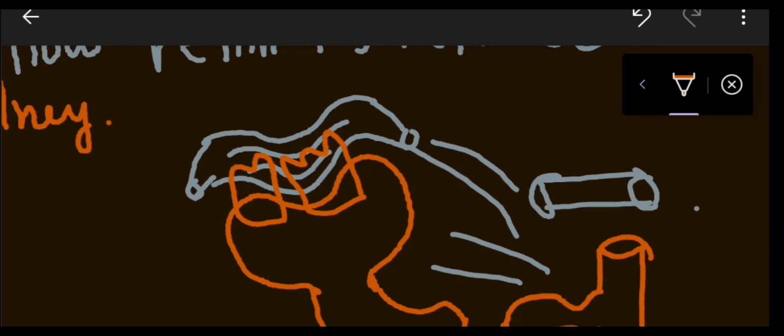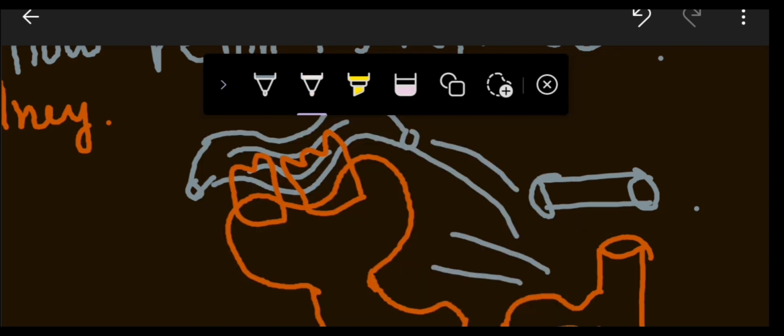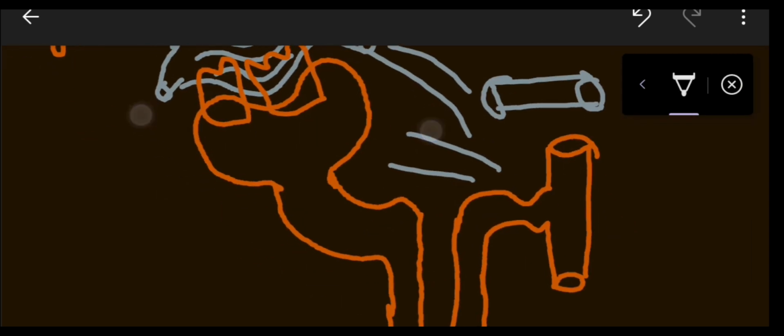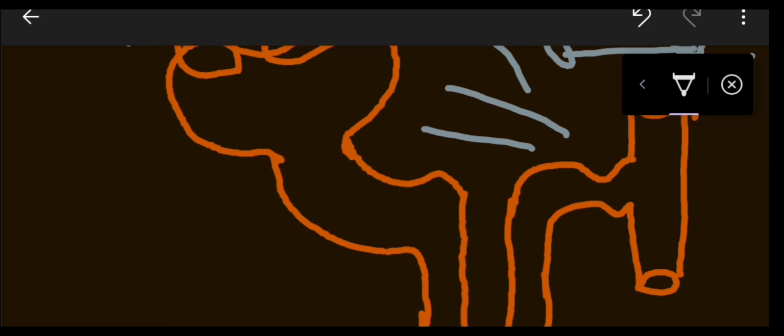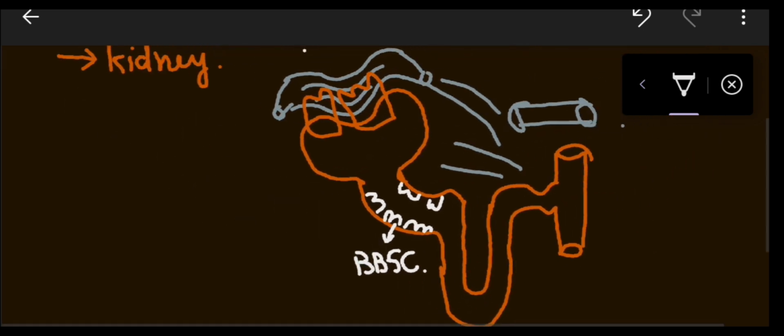These are the specialized cells. Now our first point to be discussed is that in this PCT, the cells present are named brush border epithelial cells. Let me write in short form, brush border squamous cells.